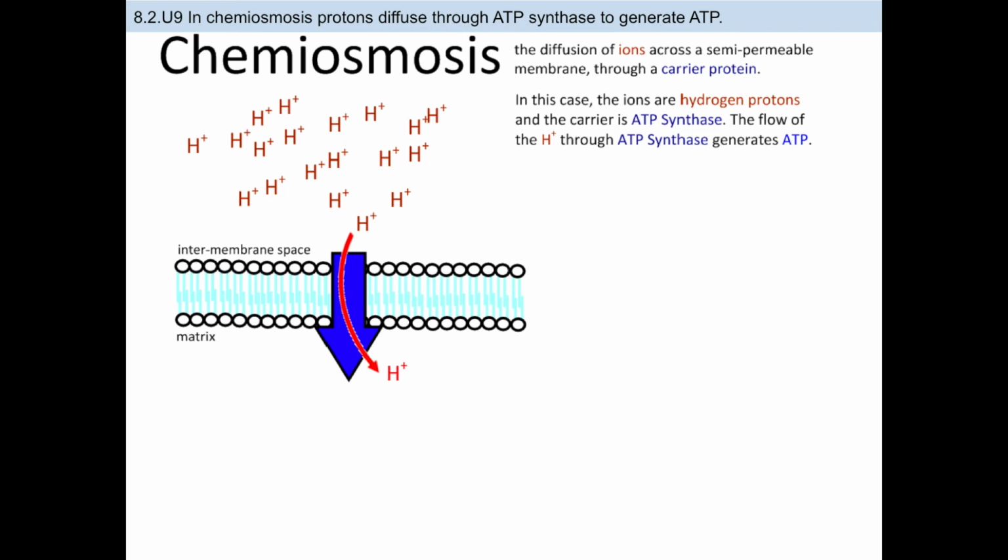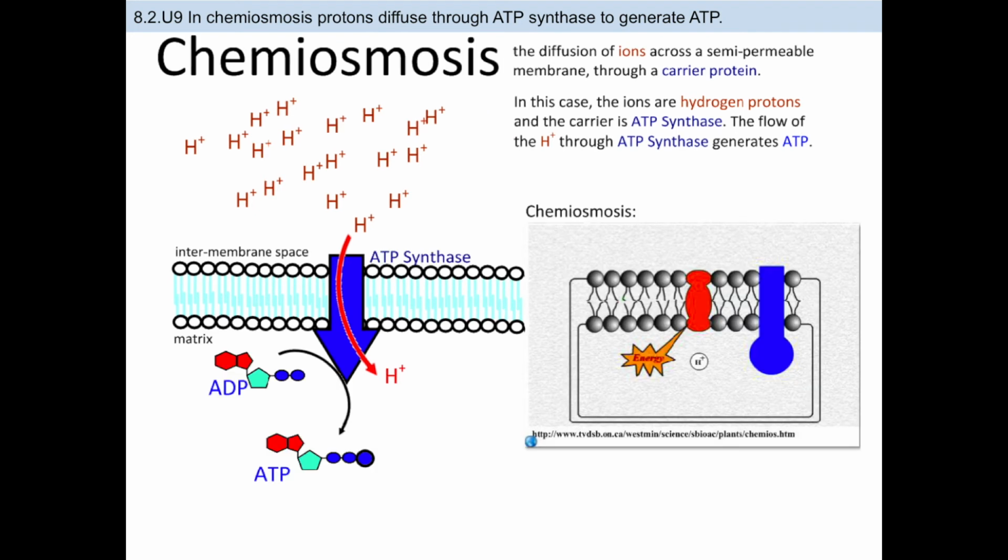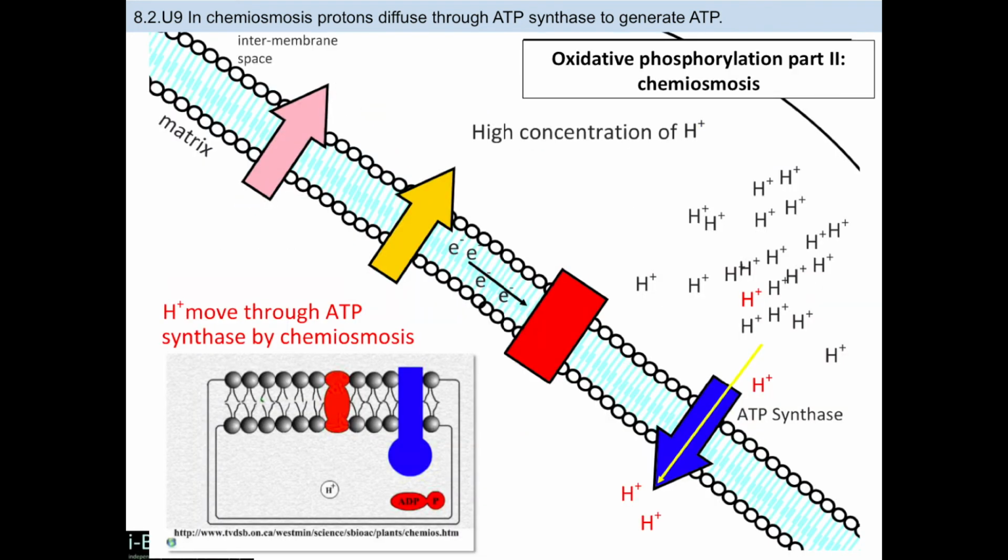What's so special with this? Well, as they move back into the matrix, they pass through an enzyme called ATP synthase. What's the name of the enzyme? ATP synthase. So what happens when they pass through ATP synthase? These are all protons, positively charged. They can energize this enzyme.